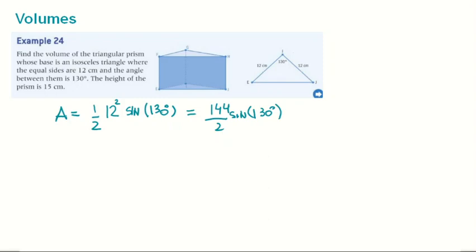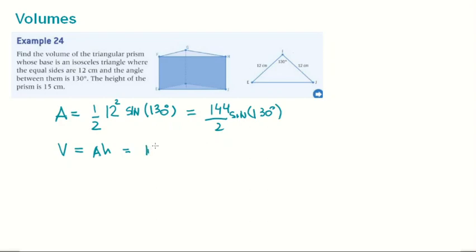Yeah, let's leave it like that, because we want to find the volume. So let's try not to get any approximation errors, because if we multiply those, we're going to get sine, and that might be a broken number. So let's just do the volume. It's area of the base times height. So that's this times the 15 centimeters, which is the height.